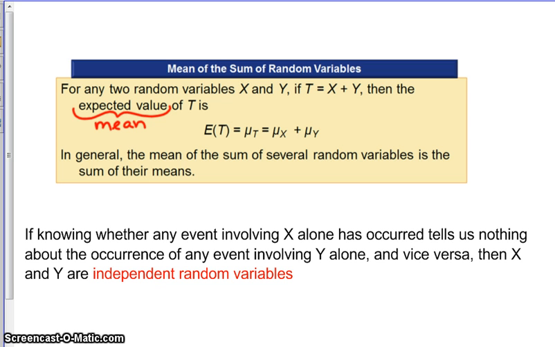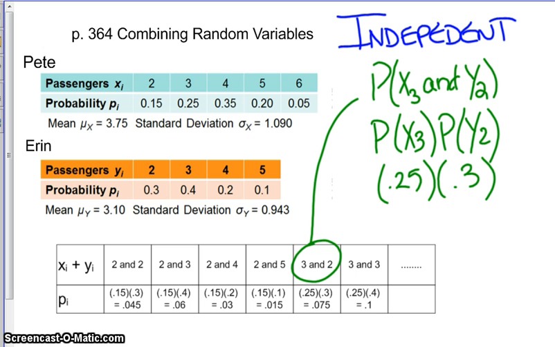So if I'm going to add 2 random variables together, I can just add those means together. So I can simply figure out the mean number of passengers. Let's just add those 2 together. Between the 2, we can expect to have 6.85 passengers on any given day.